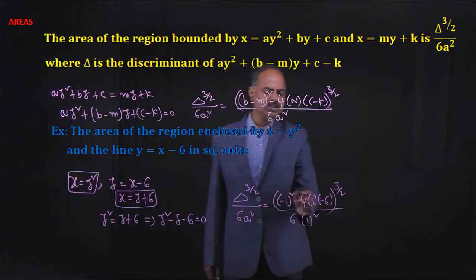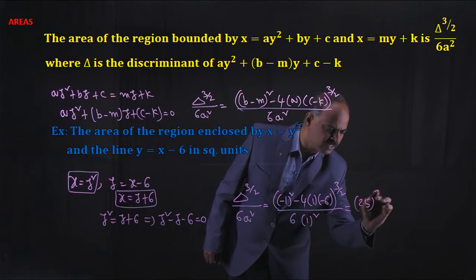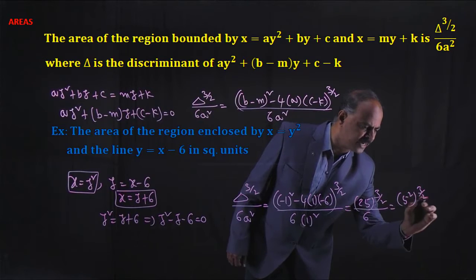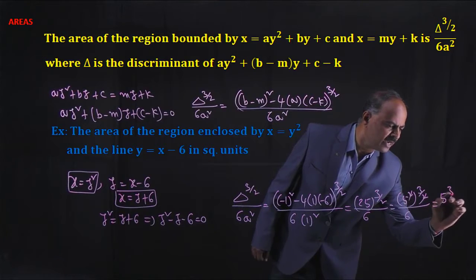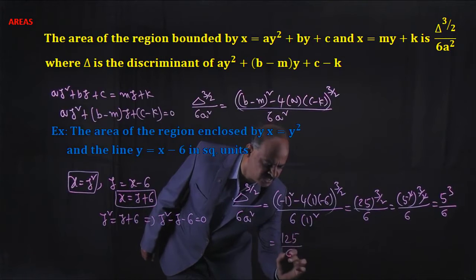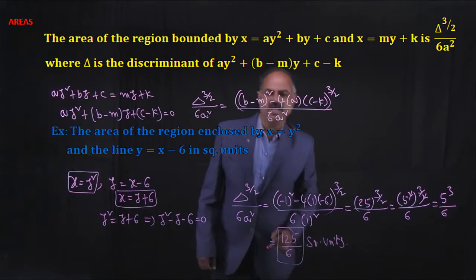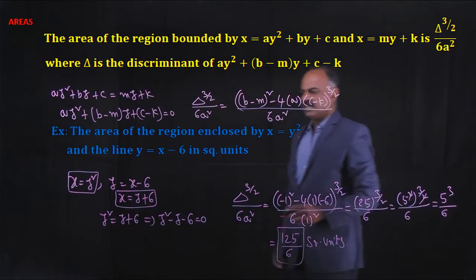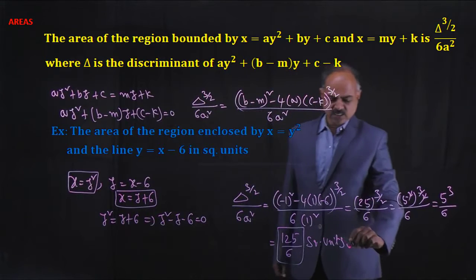Now this equals (1 + 24) whole power 3/2, that is 25^(3/2)/6. Now this can be written as (5²)^(3/2)/6. Here the 2 and 2 get cancelled, that is 5³/6, which equals 125/6 square units. Therefore, the area of the region bounded by x = y² and the line y = x − 6 is 125/6 square units.